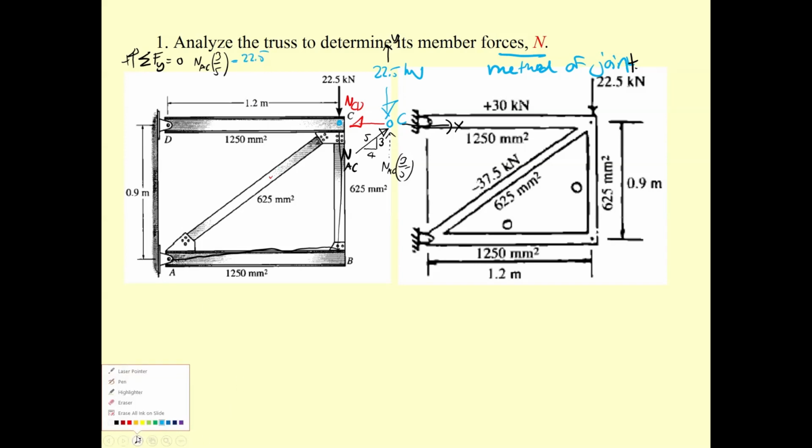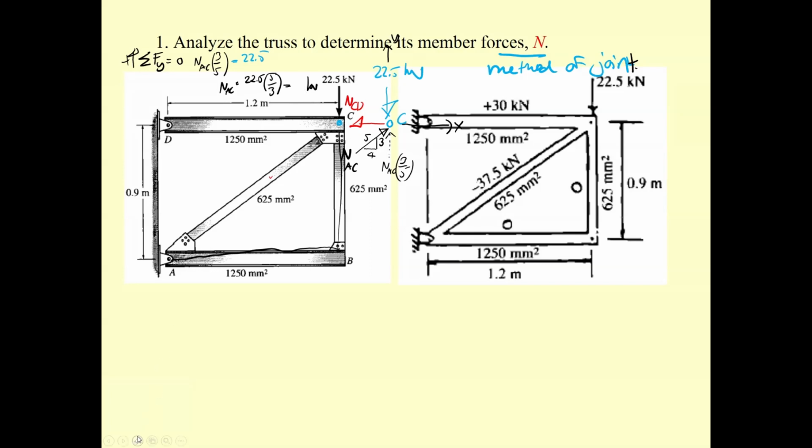So your N sub AC is going to be 22.5 times 5 over 3. You get 30 kilo... sorry, 37.5.